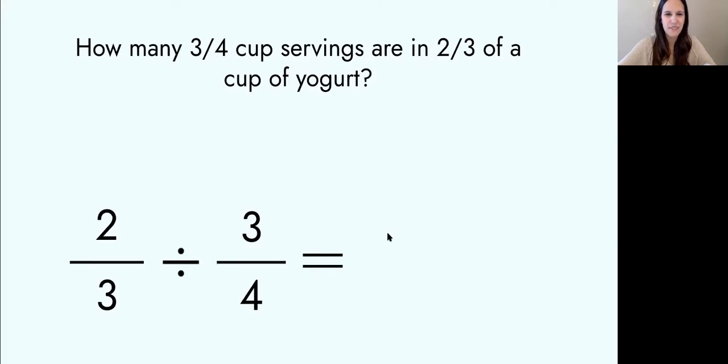So let's go back and look at that question one more time. How many 3/4 cup servings are in 2/3 of a cup of yogurt? Well, when we poured 2/3 cup of yogurt into 3/4 cup, we didn't even get quite a full 3/4 cup serving. So not even one serving, but rather about an 8/9 cup serving.